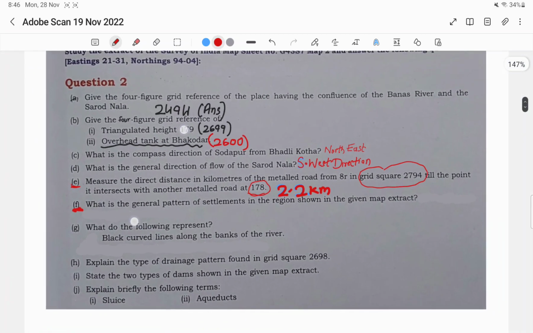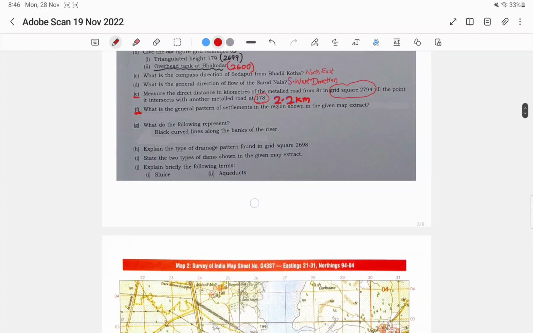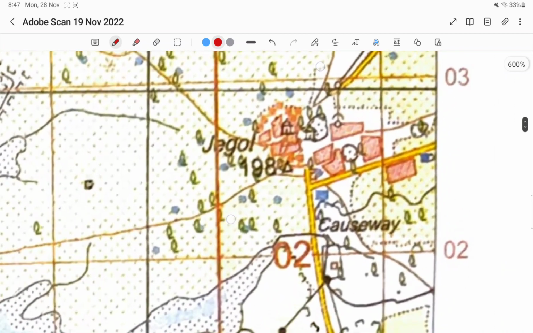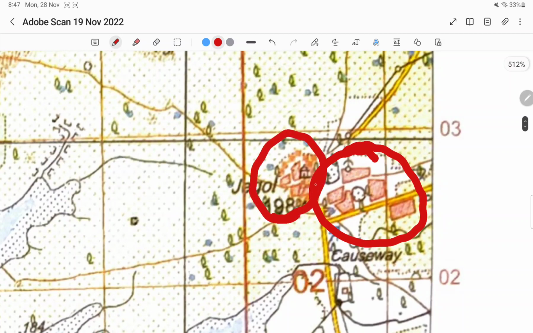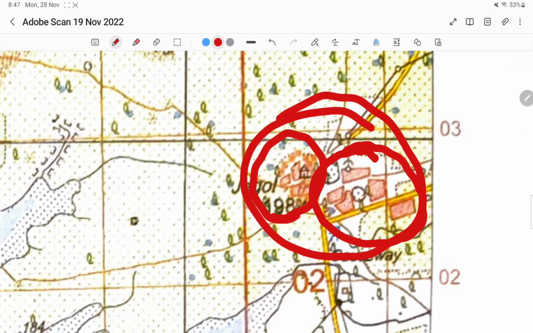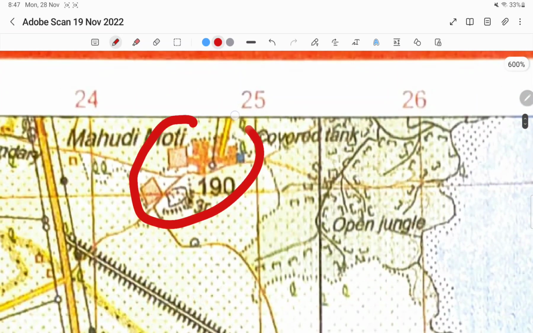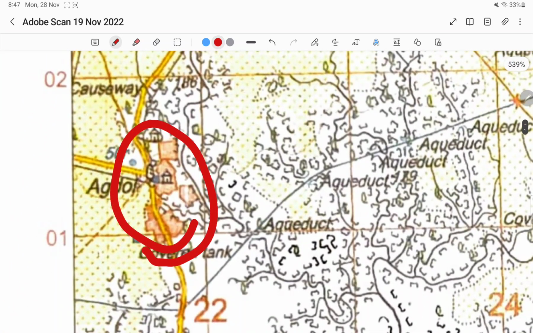Alright, now coming to the F part: what is the general pattern of settlements in the region shown in the given map extract? Now see, if you look at this settlement over here, it is a clustered type of settlement, or we can say a nucleated settlement. This one is also nucleated, and here also it's a nucleated settlement.